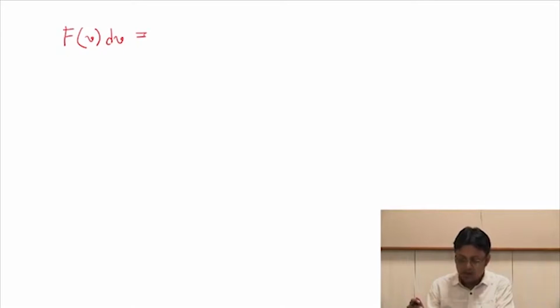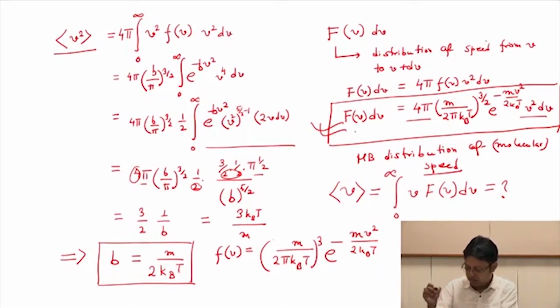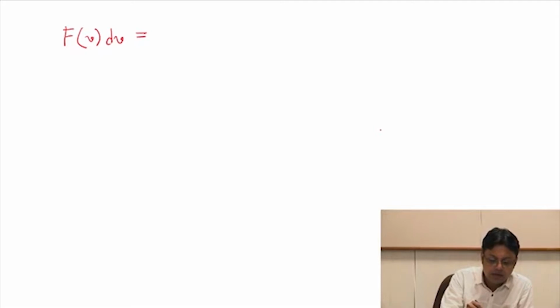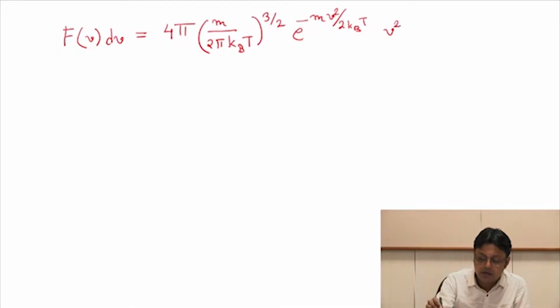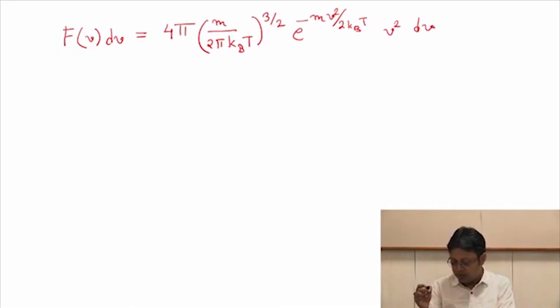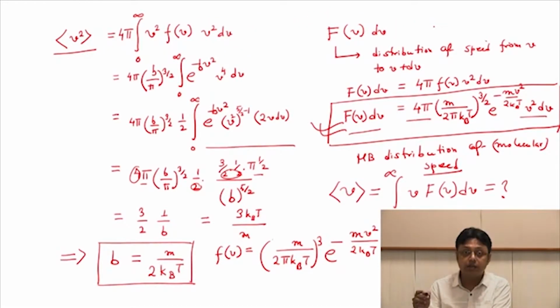We're writing it as f(v) dv, and that is 4π times (m / 2π k_B T) raised to 3/2, times e to the power minus m v² by twice k_B T, times v² dv. So that was the distribution function, or it is known as the speed distribution function.